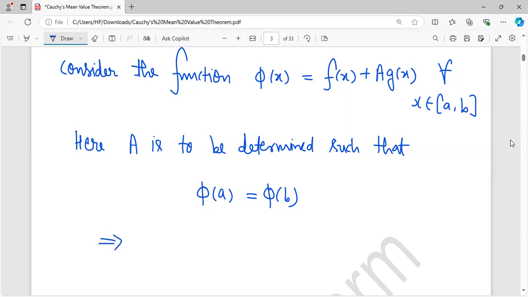So f(a) plus a times g(a) is equal to f(b) plus a times g(b).